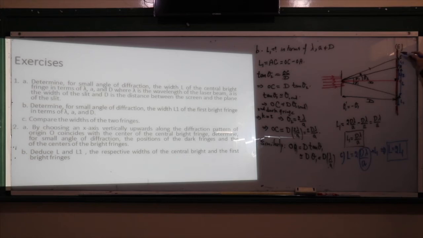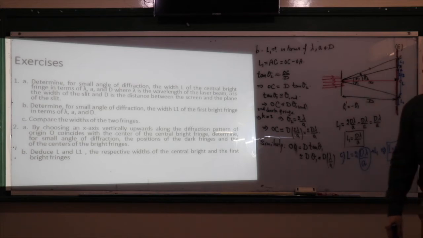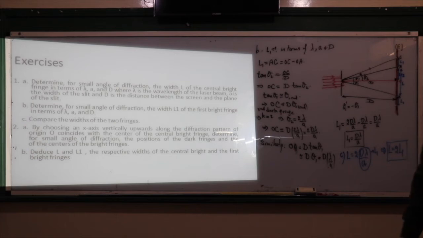Also, if I calculate the length L2 of the second bright fringe, you will get D lambda over A, and so on. This also proves the experimental result that the width of the central bright fringe is double the widths of the lateral fringes. This is the end of the first exercise.